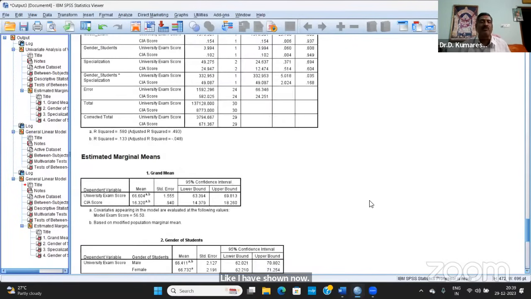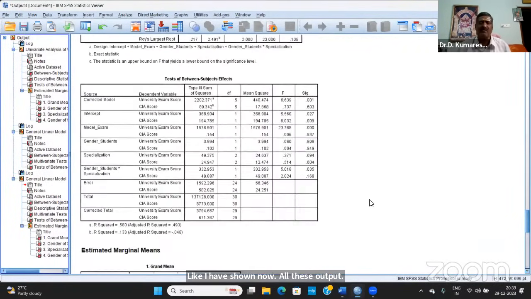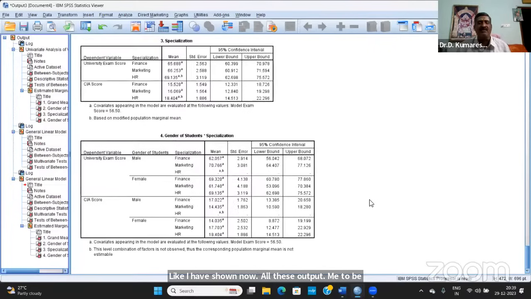All these output need to be included. Even for PhD thesis, if you provide all these output measures, it will be appreciated by the examiners. So that's all about the ANCOVA and MANCOVA. It is a combination of ANOVA and correlation.